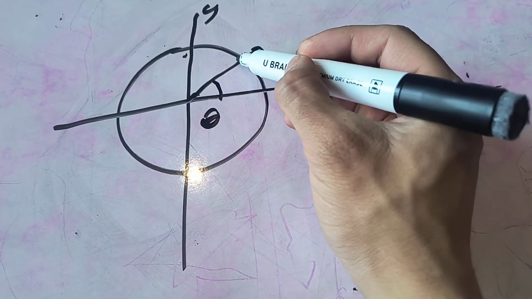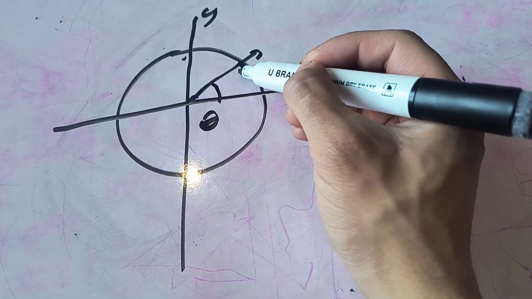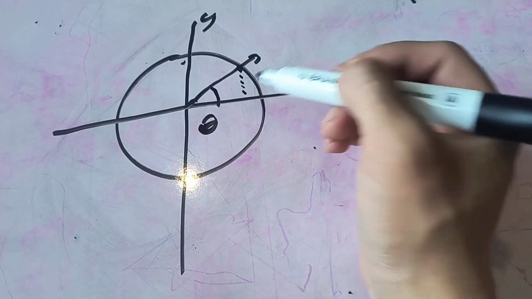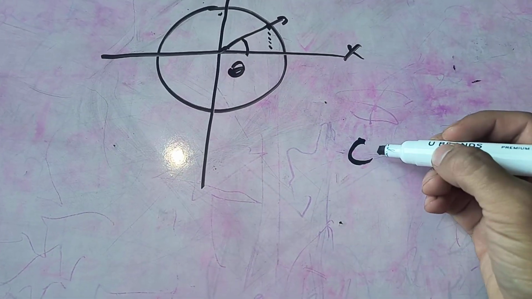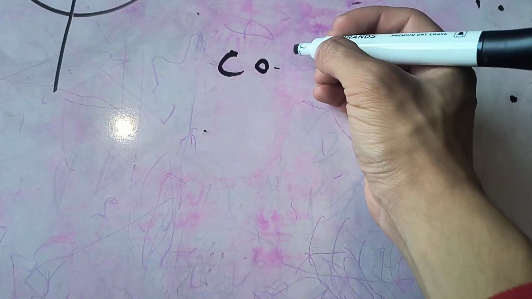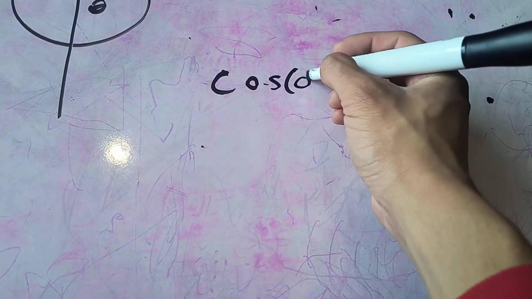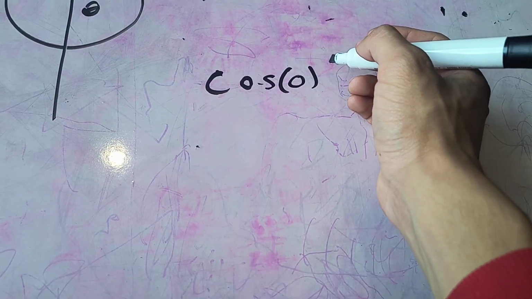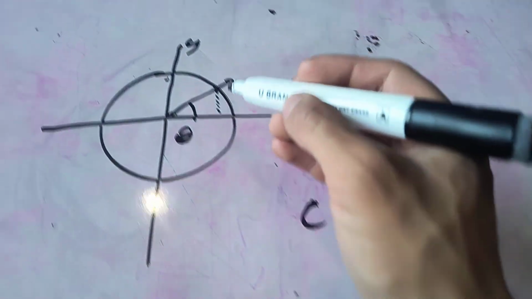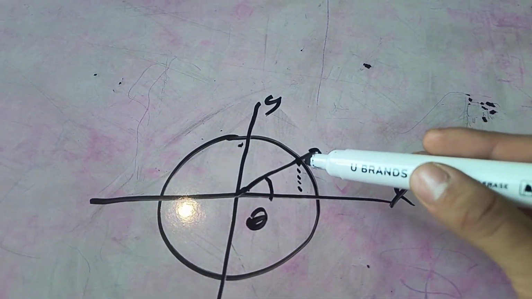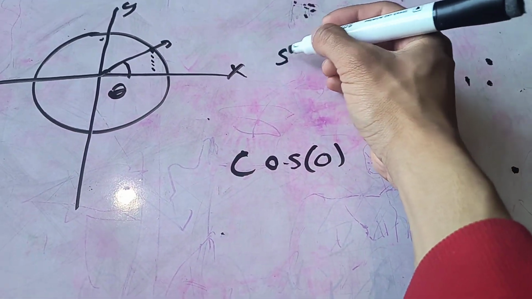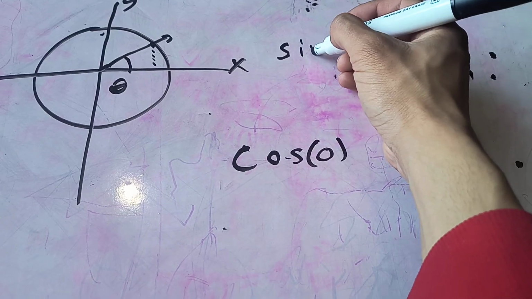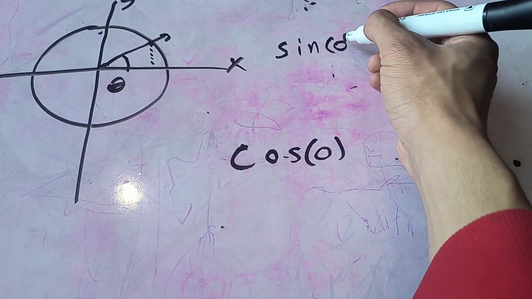And we've been over this, that the point at which it intersects, the x point at which it intersects, is cosine of theta. And the y point at which it intersects is equal to sine of theta.